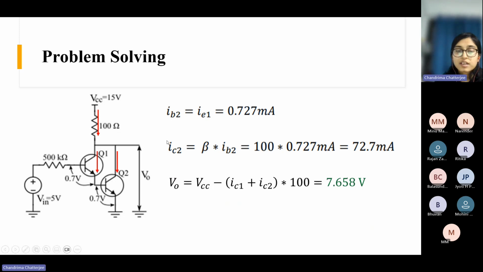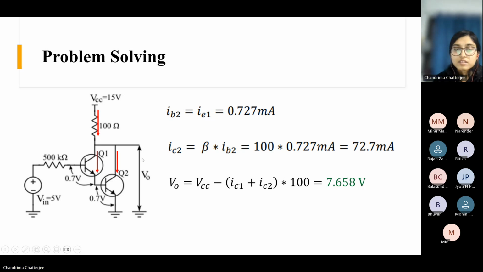Once we have the base current of this transistor, we can find out IC2. IC2 is again beta times IB2, so 100 times 0.727 milliampere. The current drawn from the source is the summation of the collector currents of these two devices, because this current is coming and getting divided into this current and this current.